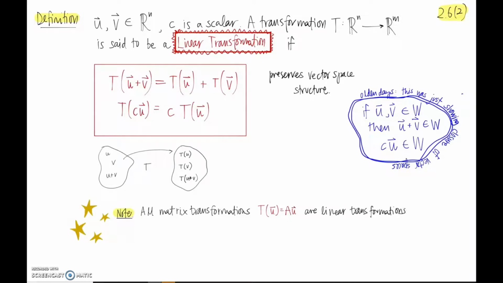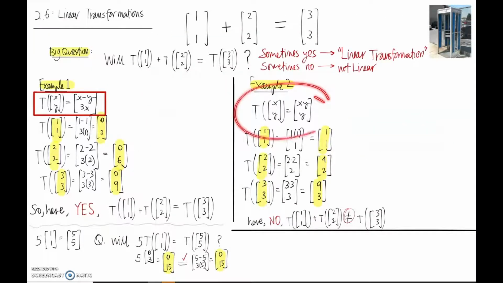So this one right here is not a matrix transformation, and it's not even a linear transformation. This actually isn't a matrix transformation, but we're going to see if we can write it as a matrix transformation, and we will be able to. And it also is a linear transformation.